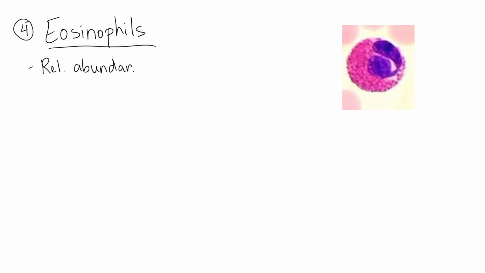Okay, these are eosinophils. And so eosinophils, their relative abundance in the blood is 2 to 4%, normal range.